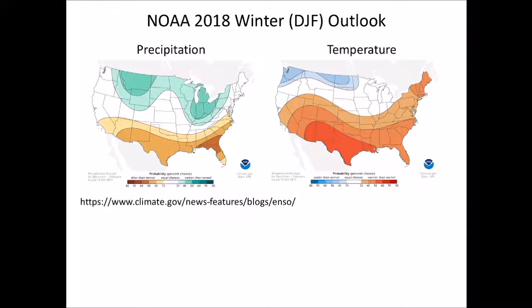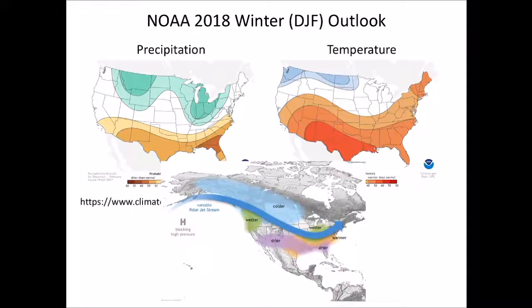So for this winter outlook, NOAA's calling for above average probabilities of precipitation being above average over the northern U.S., below average over the southern U.S., enhanced probabilities of above average temperature over the southern and eastern U.S., maybe cooler over the Pacific Northwest. Not a real strong signal over Stony Brook, just slightly enhanced probabilities of above average temperatures.